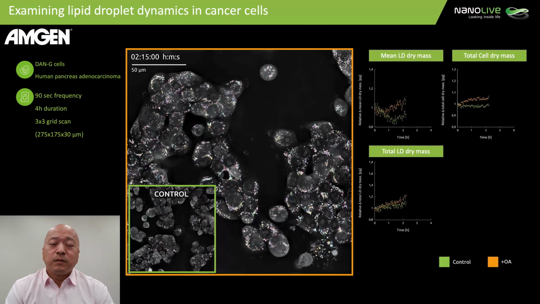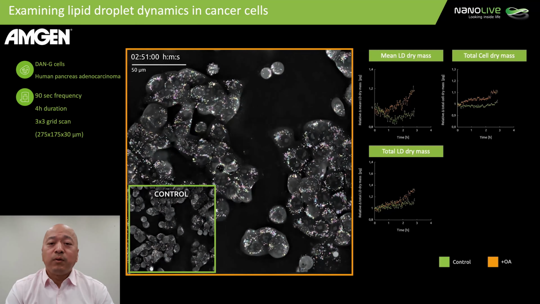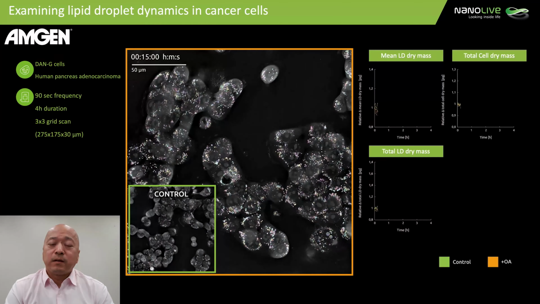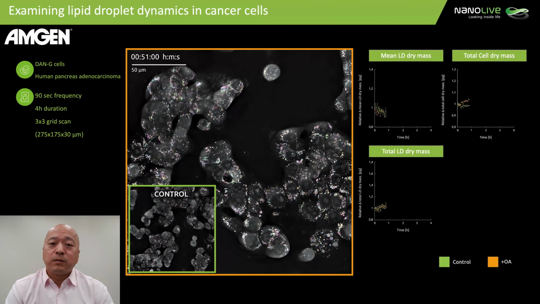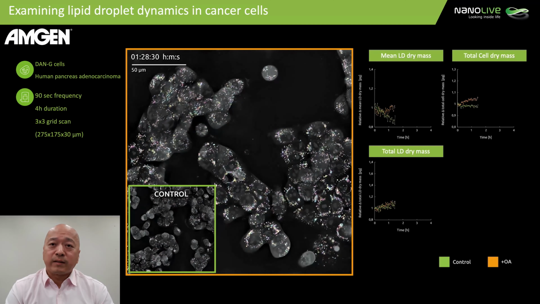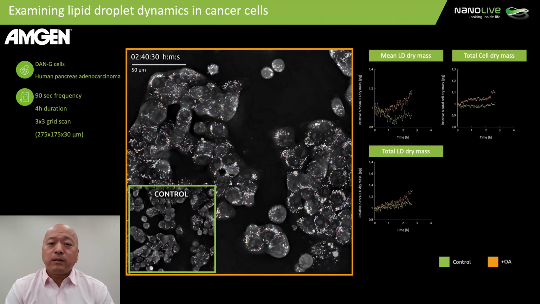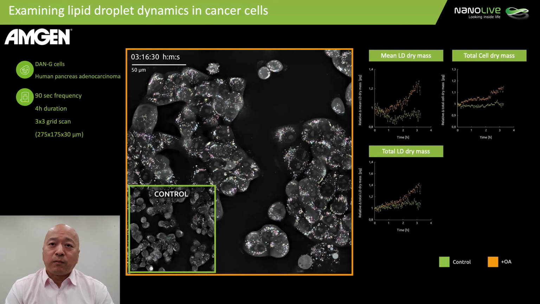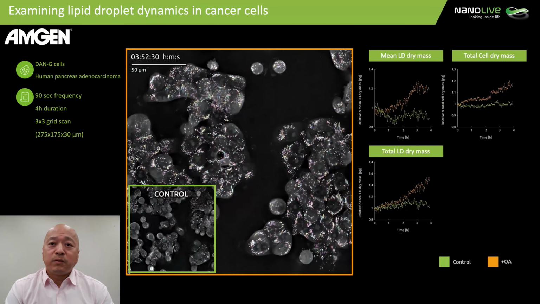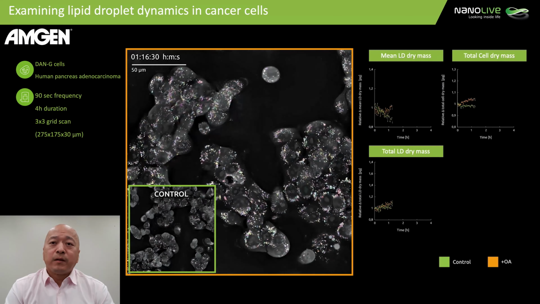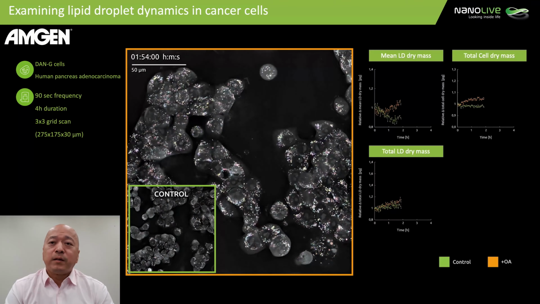This is also detected in the population scale in the total dry mass of the cell and in the total lipid droplet dry mass. So without this label-free platform, I will never be able to collect such meaningful data using a standard microscope.